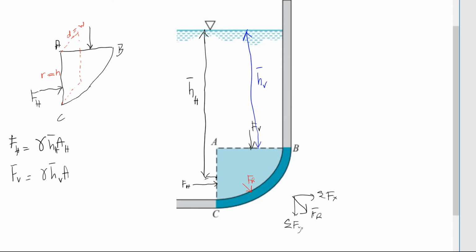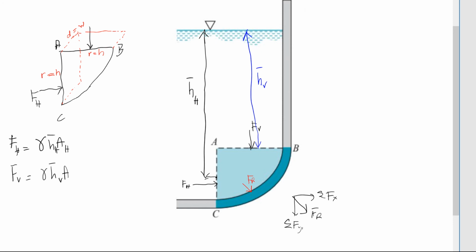If you draw it in 3D, you get this. So the imaginary area is radius, height, times width or depth, similar to the vertical imaginary area.